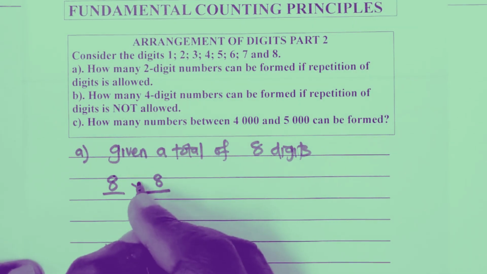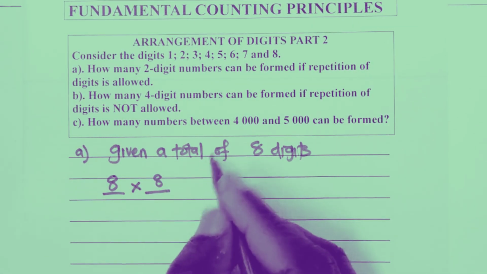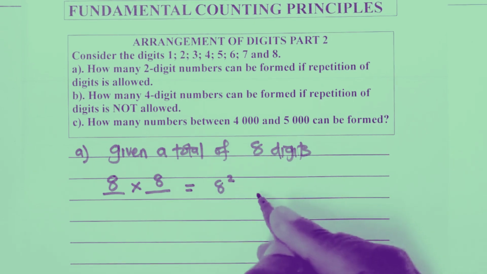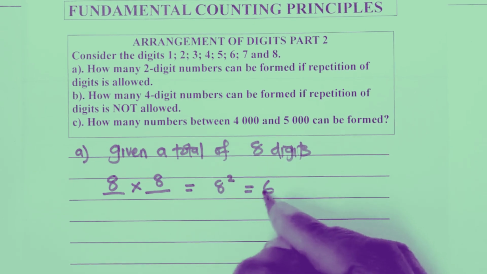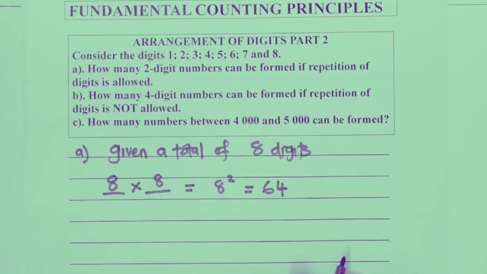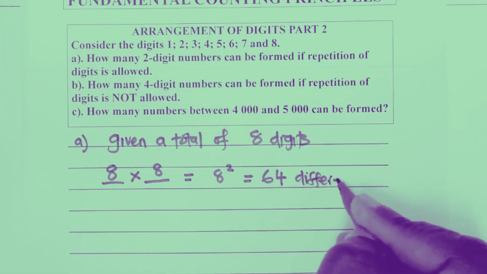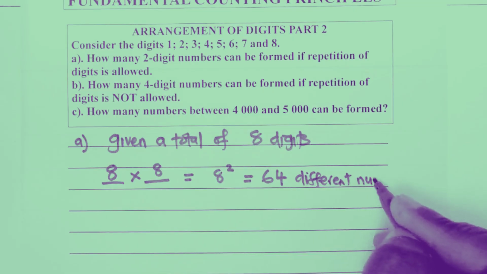And when we multiply here, we are going to get 8 to the power of 2, and our final answer is going to be 64 different numbers.